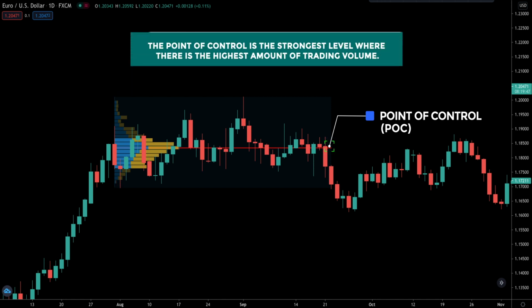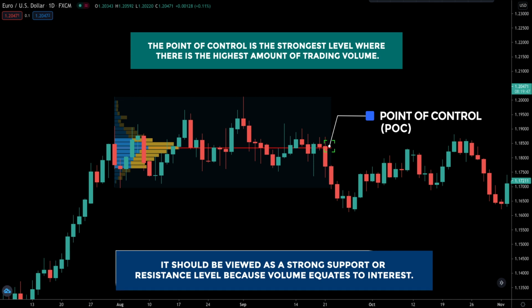The point of control is the strongest level where there is the highest amount of trading volume. It should be viewed as a strong support or resistance level because volume equates to interest. And if a large number of traders view that level as important, then it is wise that we pay attention to that level as well.